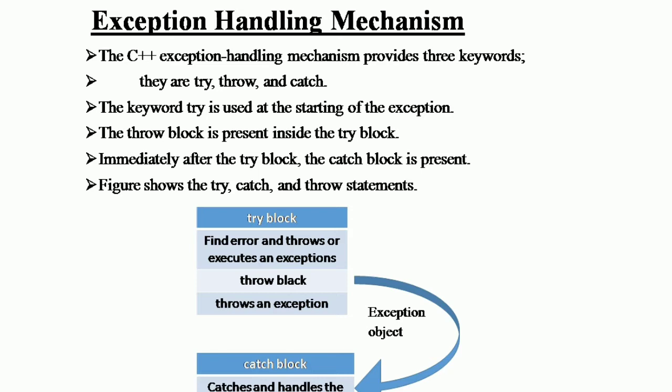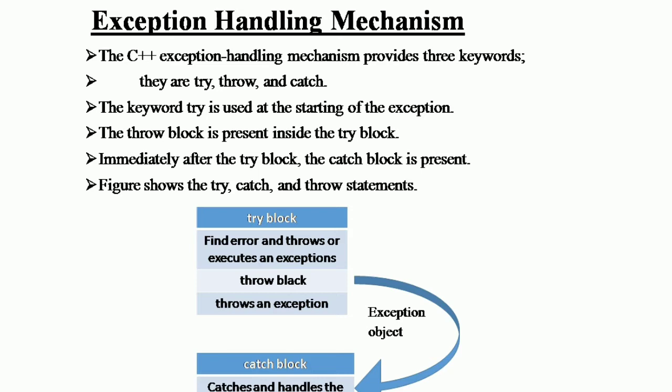Rethrowing of an exception: a catch block defined by the keyword catch catches the exception and handles it appropriately. The catch block that catches an exception must immediately follow the try block that throws the exception.